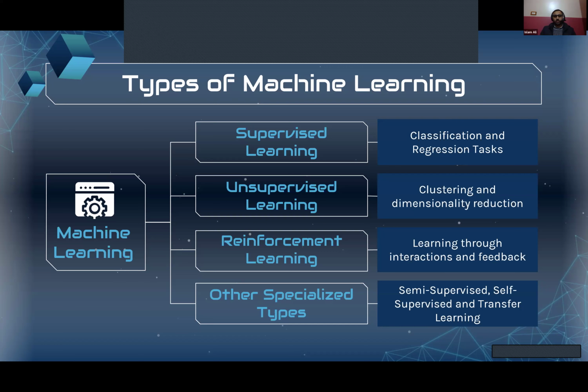And there are other types of machine learning called semi-supervised, self-supervised, and transfer learning. These are other specialized types, and they could be reinterpreted under one of the previous types as well.